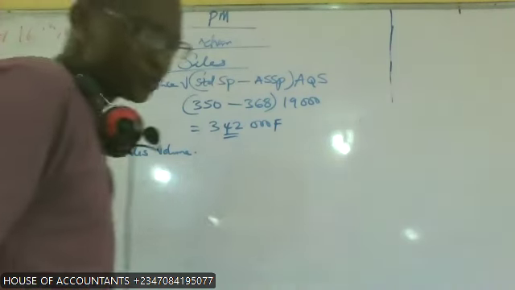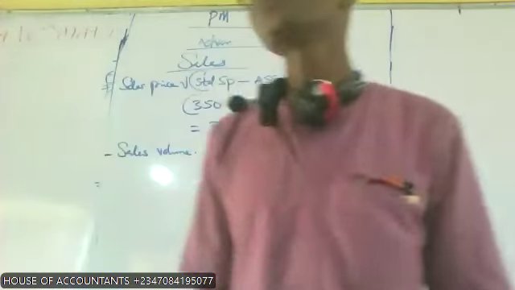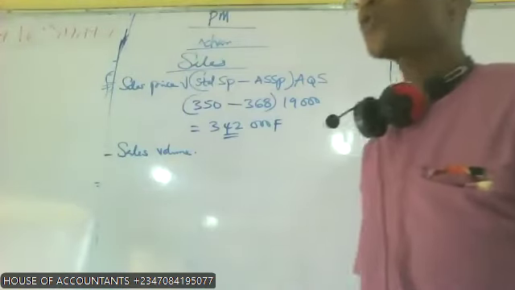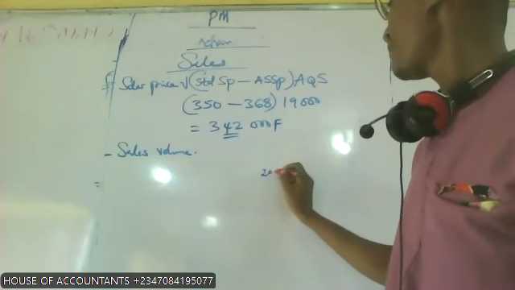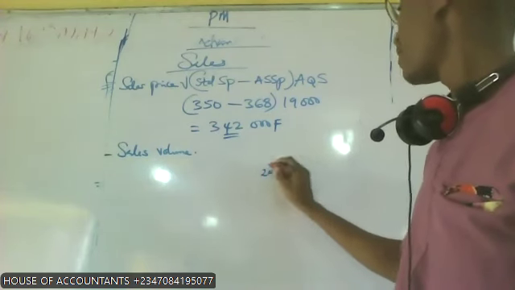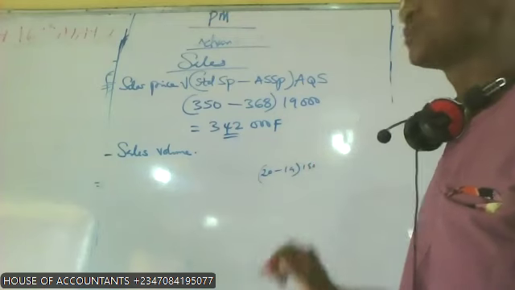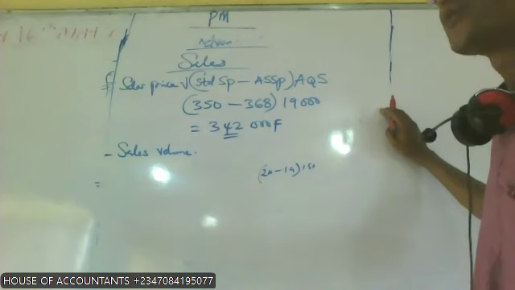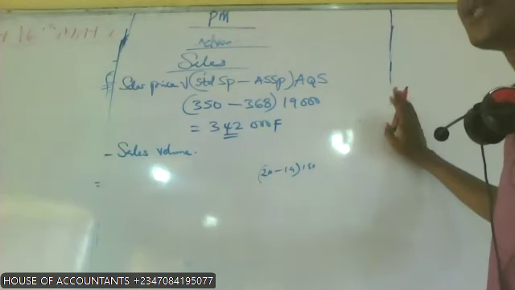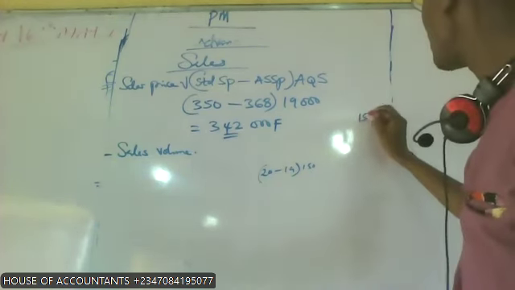Yes, that contribution. Yes, we can actually go that route too. What is that contribution? 150. So 20 minus 19 multiplied by 150. What do you get? 150,000.